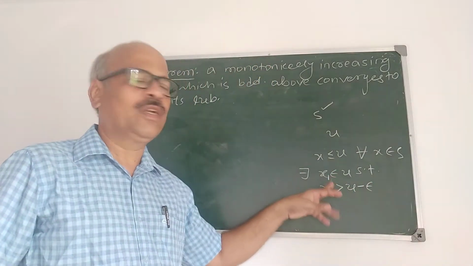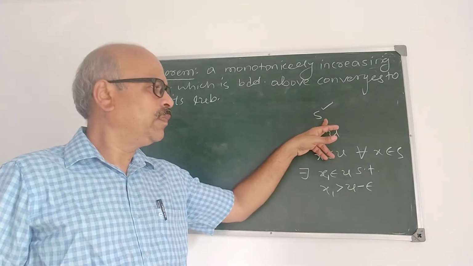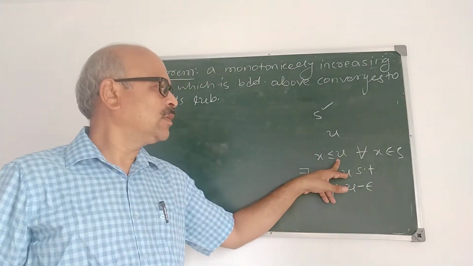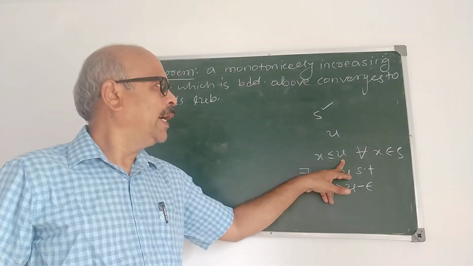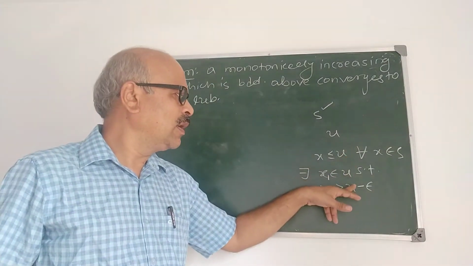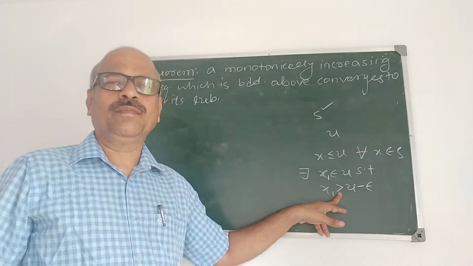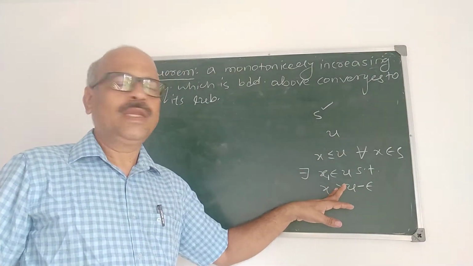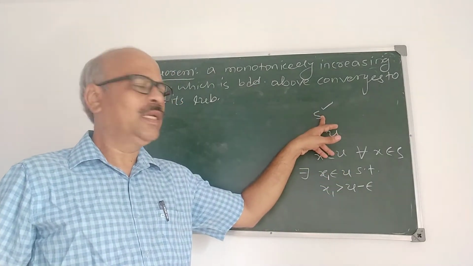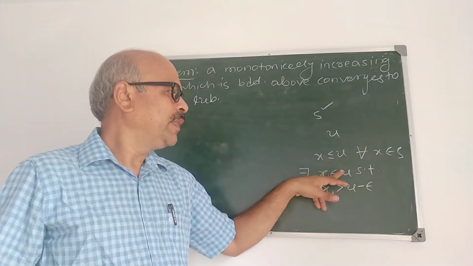Let me explain what the least upper bound is first. A number U is said to be the least upper bound of this set if x is less than or equal to U for all x belongs to S. That means U is an upper bound, and U being the least upper bound means it is the least of all the upper bounds.